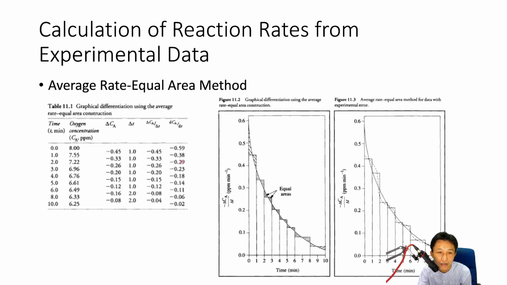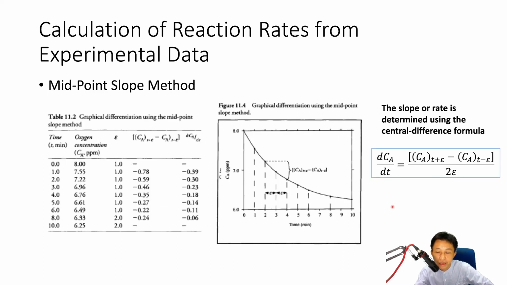This is how you can calculate the concentration difference over the time difference. So you have this kind of graph to represent it, and this is the way that you present it.